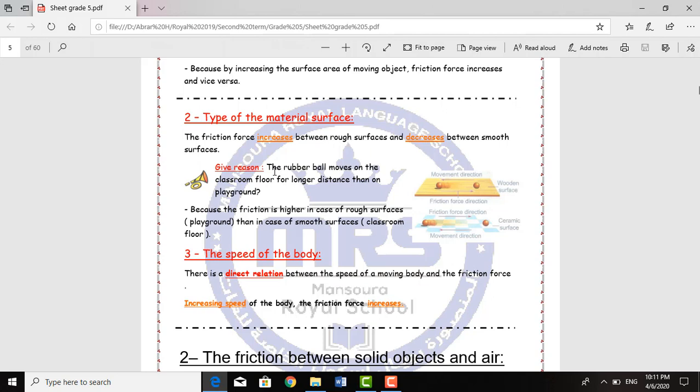So there will be no factor that causes the rubber ball to stop, and the rubber ball moves for a longer distance. But what about the playground? The playground is a rough surface, so the friction force increases on the playground, or on rough surfaces, and it will cause the object to stop.